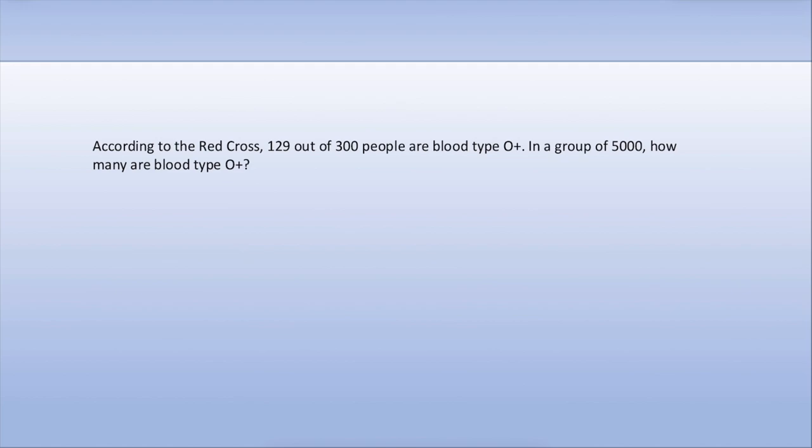It's a very good thing to set up. 129 out of 300 are the O positive people out of the total. When you set up a proportion, you want to set up the other side the same way. I don't know how many O positive there would be out of a total of 5,000. The top is my O positive, the bottom is my total, set up the same way as the fraction on the left side.